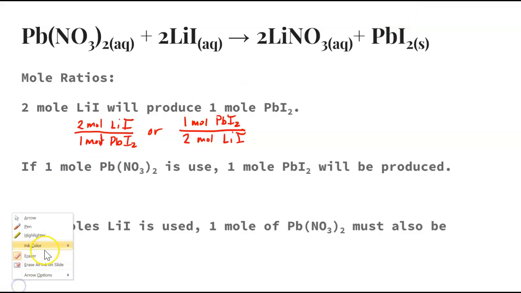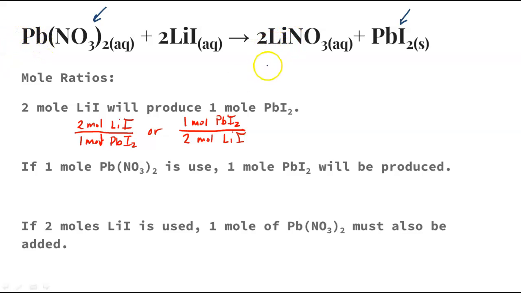Okay, for the next relationship, we are going to take a look at the relationship of lead nitrate with lead iodide, and I see that if I have 1 mole, remember if there's no number in the front, it would be number 1. If I have 1 mole of lead nitrate, it will produce 1 mole of lead iodide.